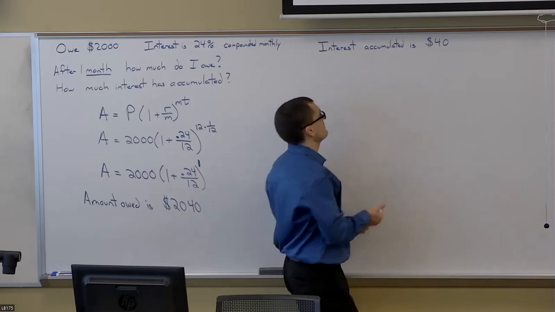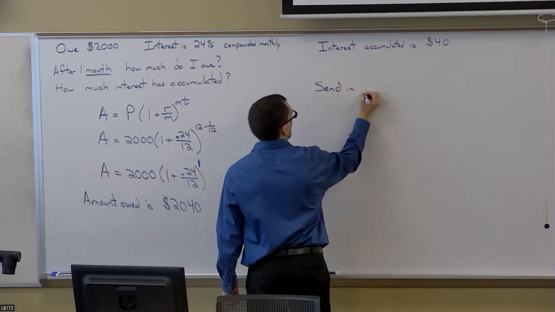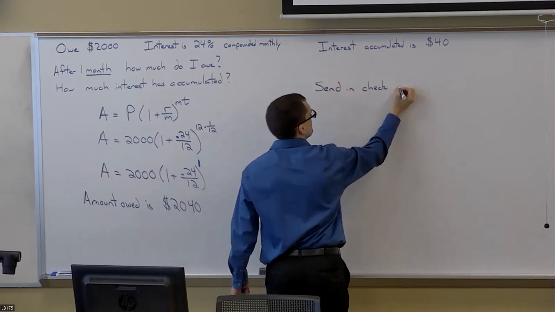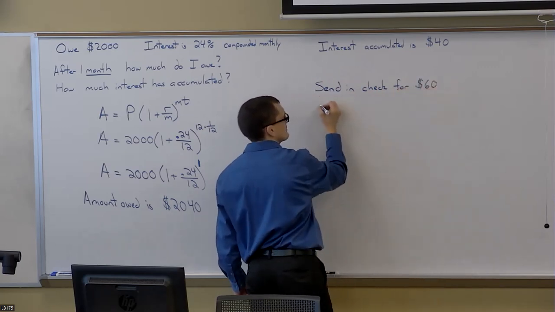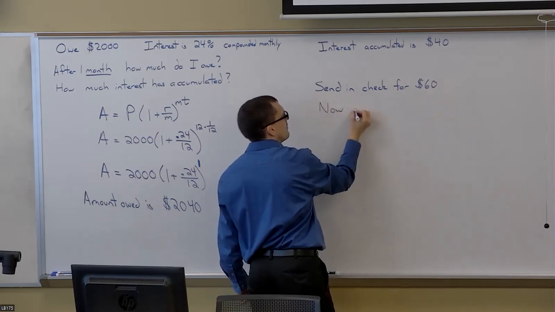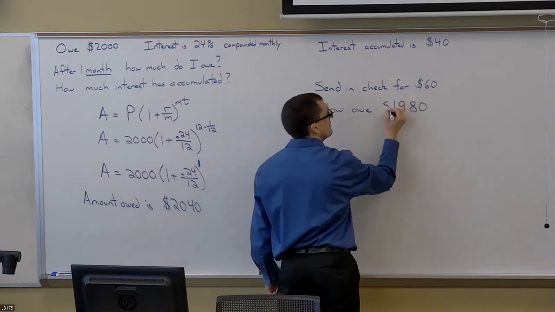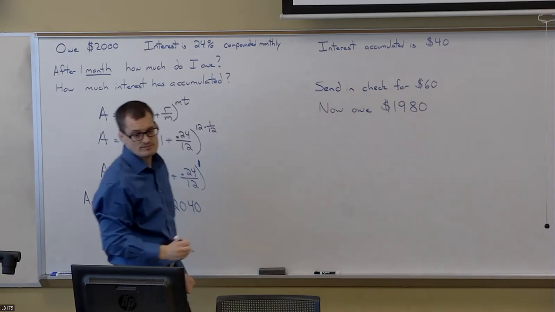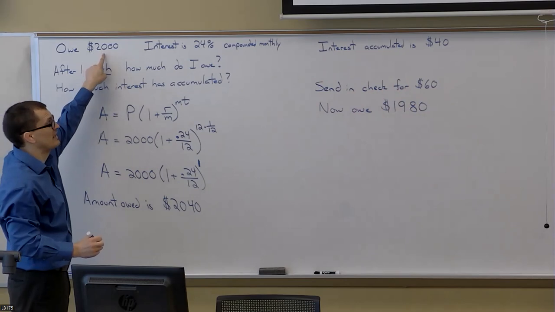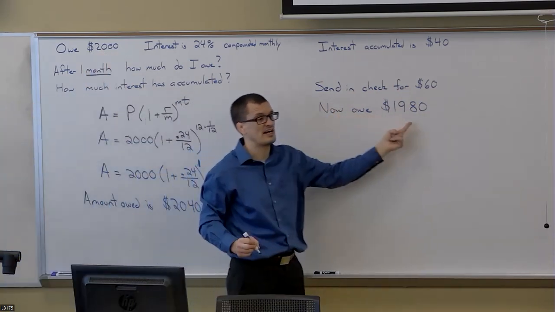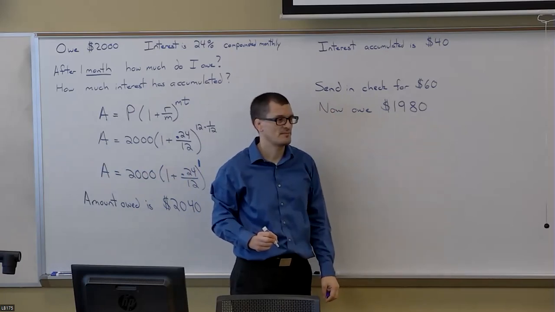So even though you sent in a check for $60, you're going to now owe $1,980. That means even though you sent in $60, the amount you owe only decreased by $20. Everybody follow that?